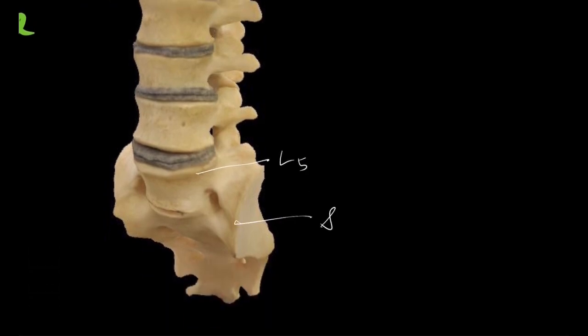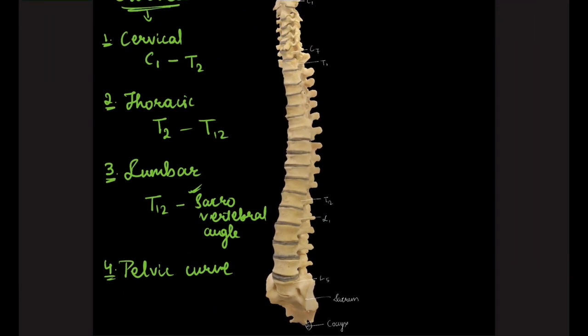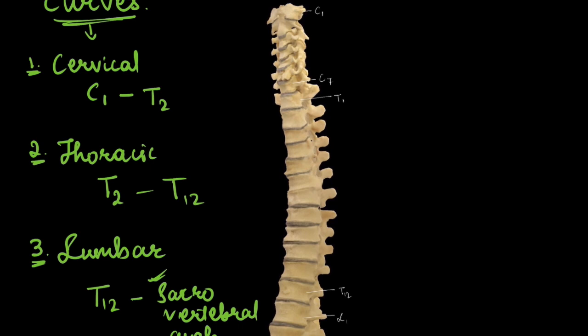This is the sacrum, and down here you will have the coccyx. Coccyx or coccyx, it's your wish. Now, the cervical curve is from C1 to T2. How is it? In this way. Okay, this is the cervical curve.